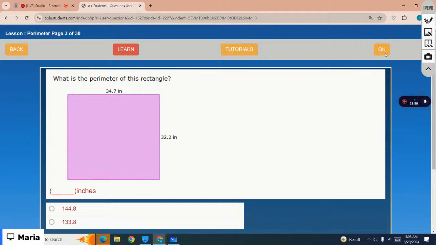That is 34.7 plus 34.7, 32.2 plus 32.2. The correct option is 133.8. Option number 2 is the correct option. Got it?